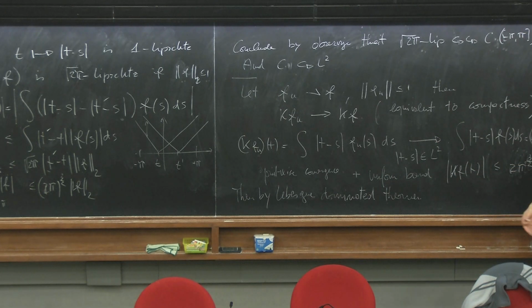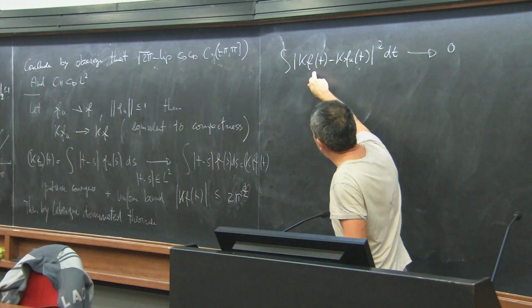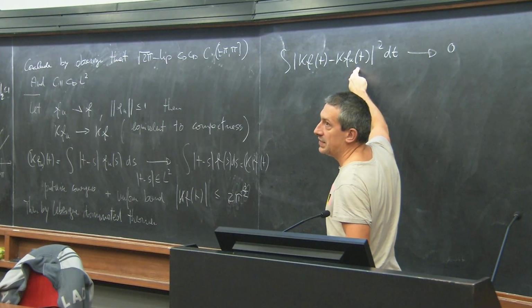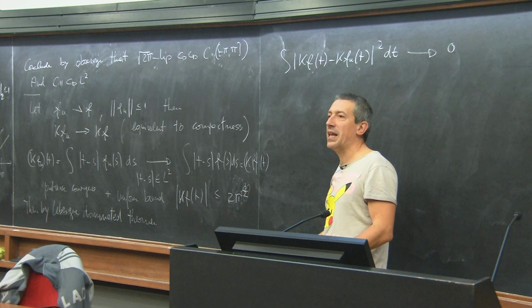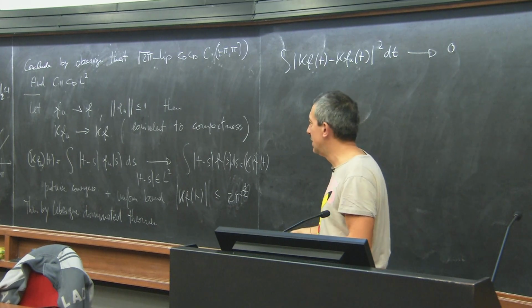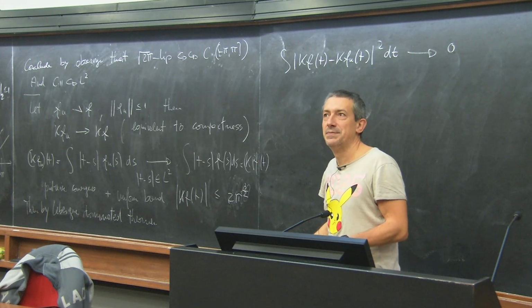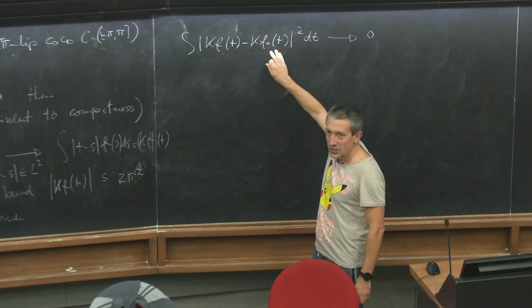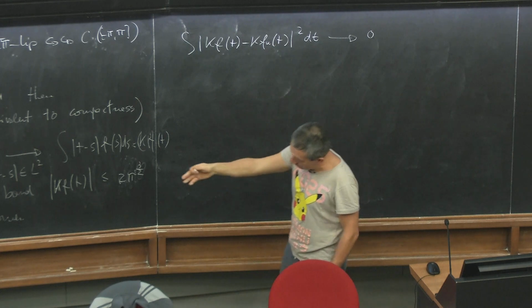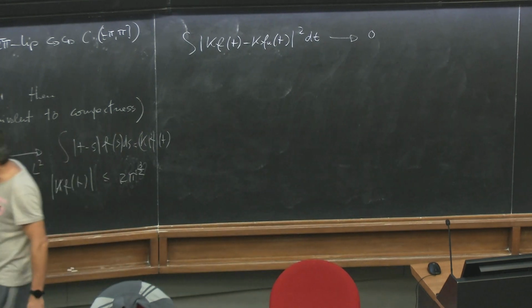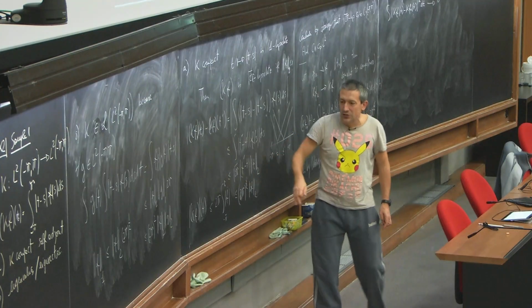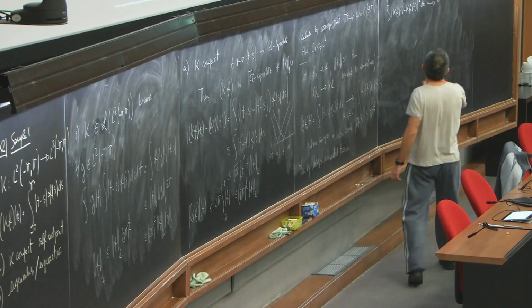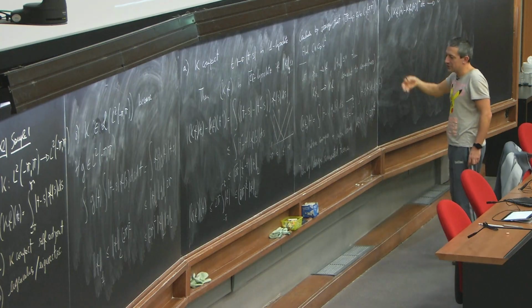Now I want to pass to the limit. What I have to prove is that this goes to 0, and I know the pointwise convergence. So whichever estimate allows me to pass to the limit, for example, the dominated convergence. So let's find a function which dominates this quantity here. Well, it was already computed, and it is given by this estimate here. So these functions are in L infinity, and the bound is uniform.